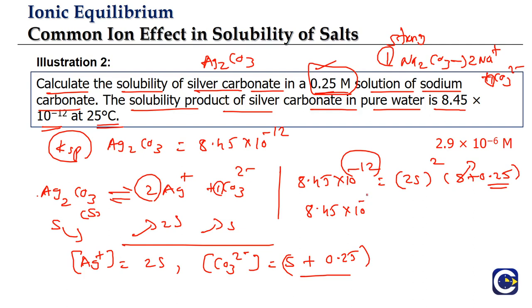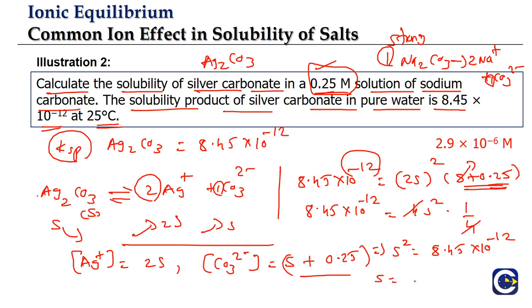So we'll simplify it as 8.45 into 10 power minus 12 is equal to (2S) the whole square, means 4S square, into this S we are neglecting, the remaining will be 0.25. 0.25 means 1 by 4. The 4 will be cancelled. Means S square is equal to 8.45 into 10 power minus 12.